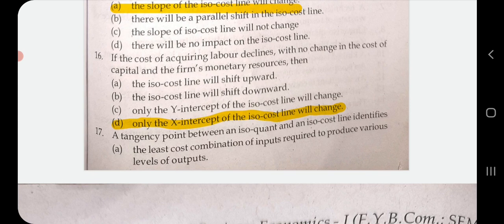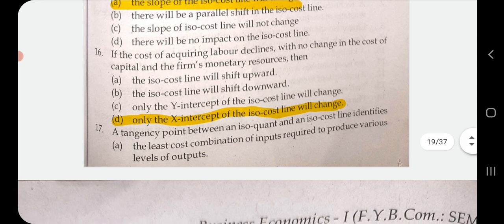16th question: if the cost of acquiring labor declines, with no change in the cost of capital and the firm's monetary resources, then only the x-intercept of isocost line will change.